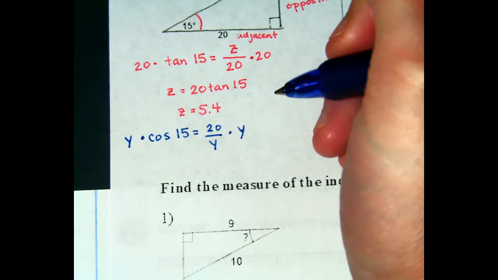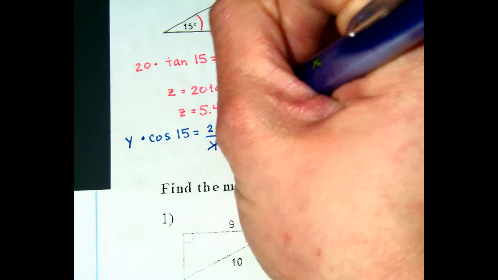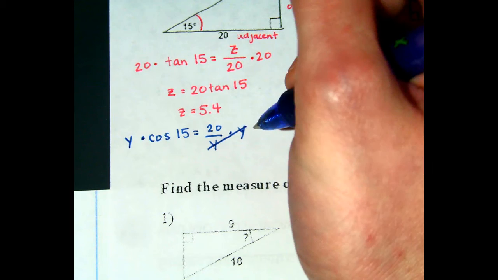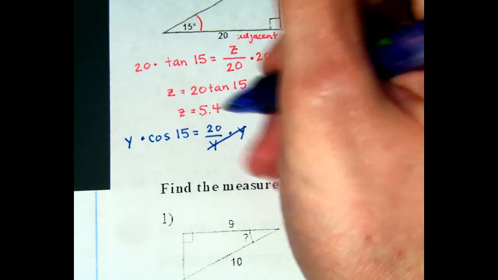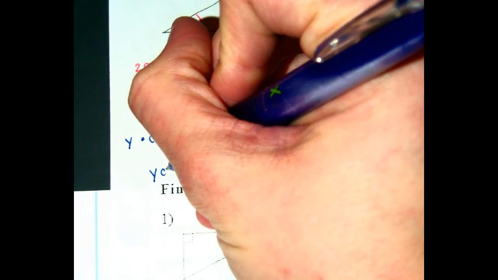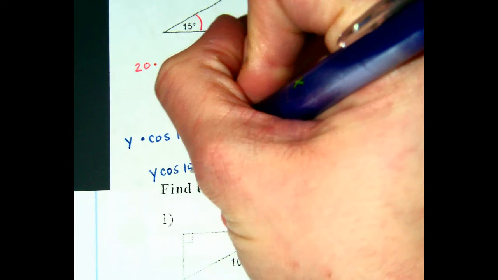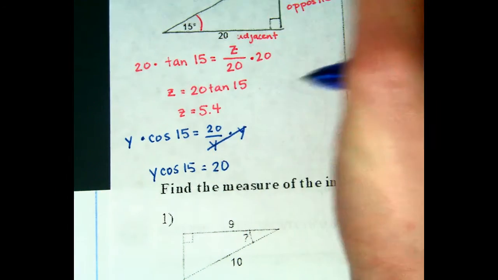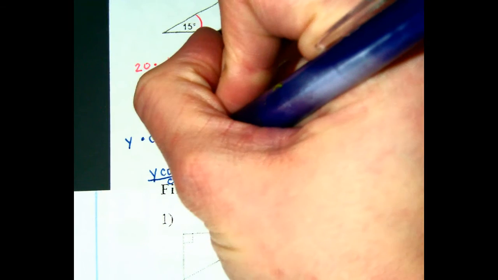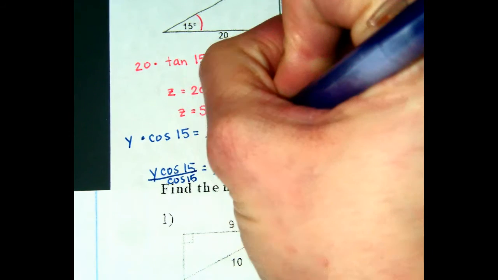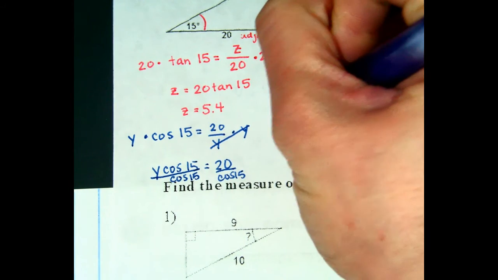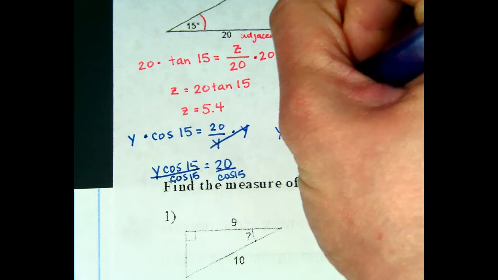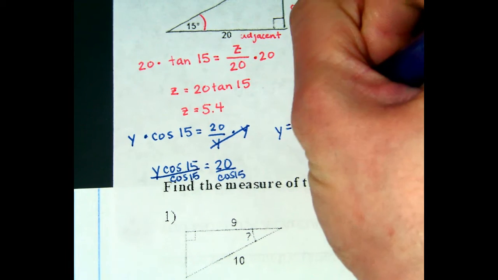I have to multiply by the denominator because I need it out of the denominator. But now I have Y times the cosine of 15 equals 20. So there's actually an extra step to this one. Divide by the cosine of 15. So in your calculator, you need to type in 20 divided by the cosine of 15.